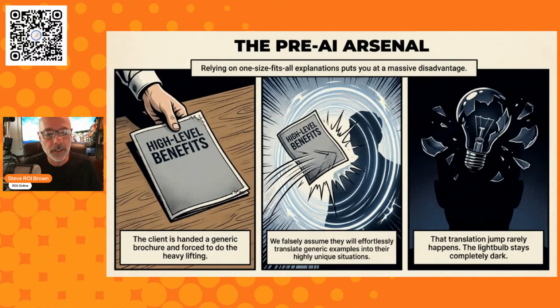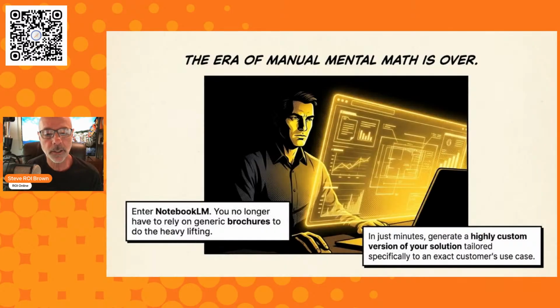That's where you have these high-level, pre-made, one-size-fits-all sales materials that have been designed by someone to help you have at least something to leave behind or go into a meeting looking like you prepared a little bit. But the problem is that translation, where you're expecting them to connect the dots, more often than not doesn't connect. And so you're relying on everyone to do this mental math, but it's not happening. And it's an unfair expectation and it's kind of exhausting.